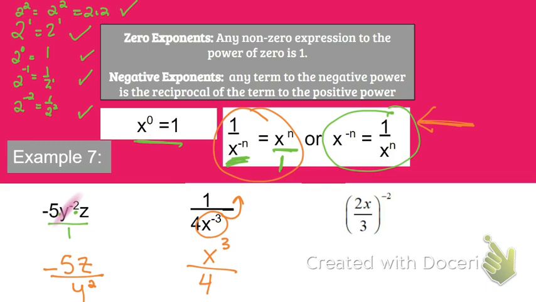Now, showing some work on this last one. First of all, this is like a quotient to a power rule. So remembering that everything ends up getting applied to this negative 2, with this negative 2 as the exponent. So this becomes 2x to the negative 2 over 3 to the negative 2. And then that is like having both of those negative exponent rules in the same problem. The 3 in the denominator has a negative exponent, so it goes to the numerator and becomes a positive exponent.